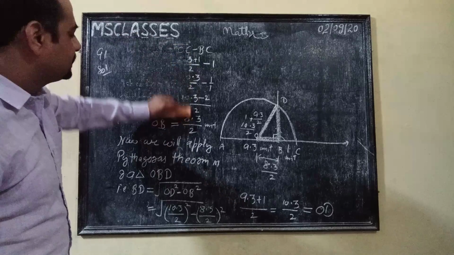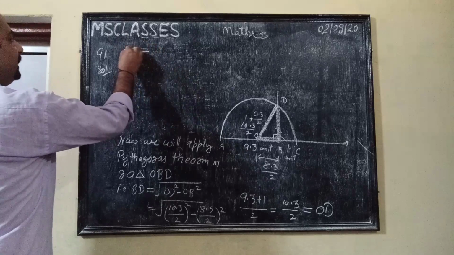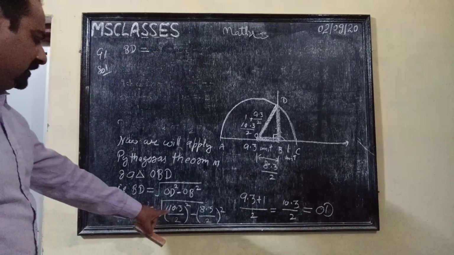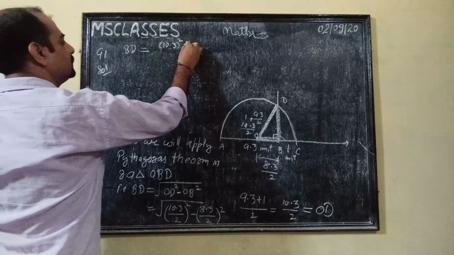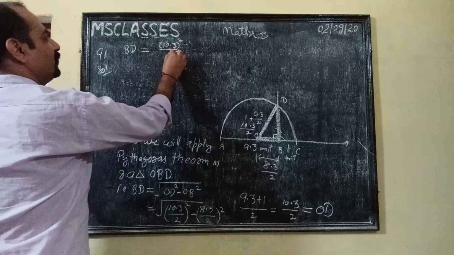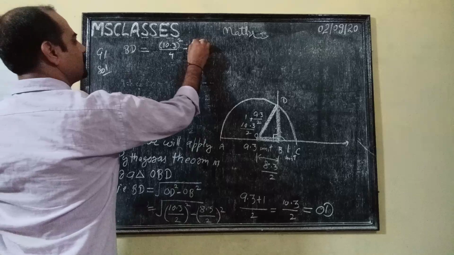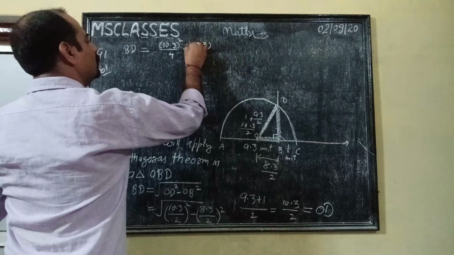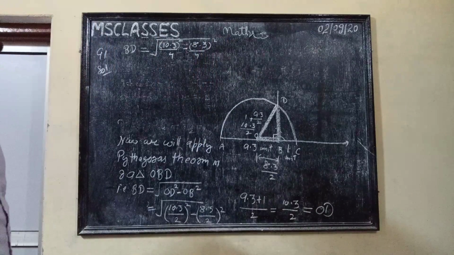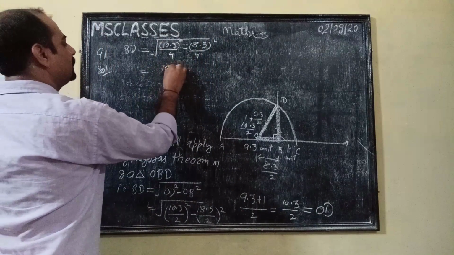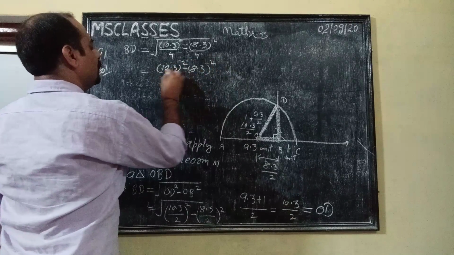Now after solving this, BD is equal to the root of 10.3 whole square over 4 minus 8.3 whole square over 4, and this is equal to square root of 10.3 whole square minus 8.3 whole square over 4.